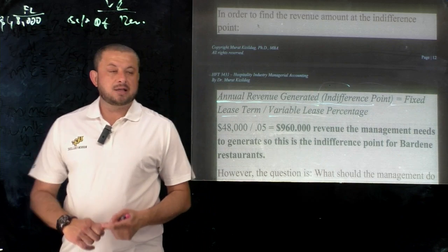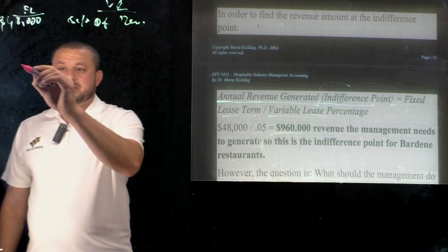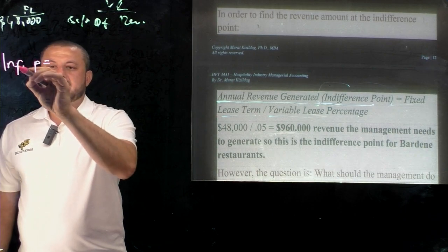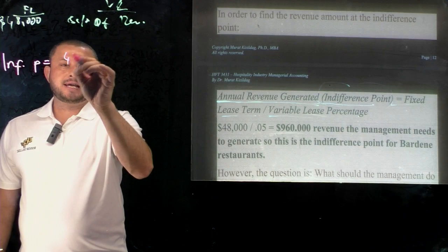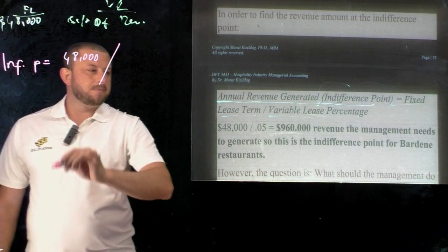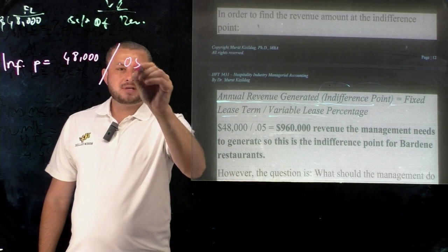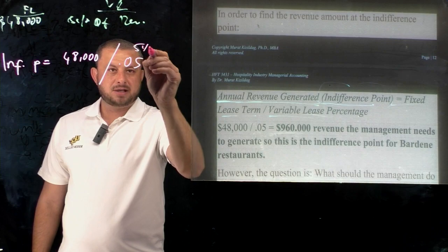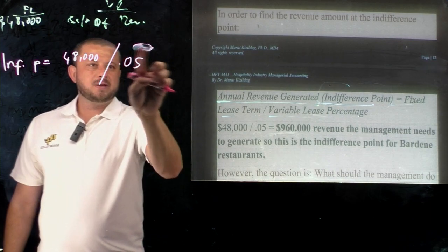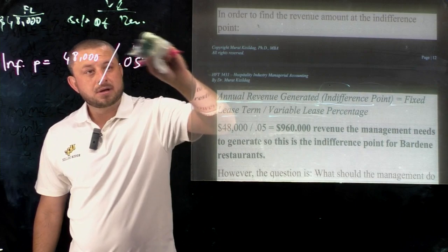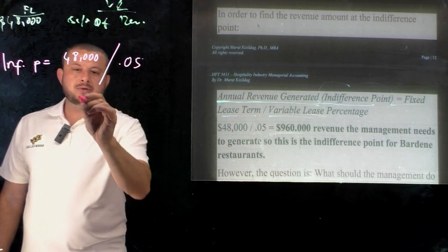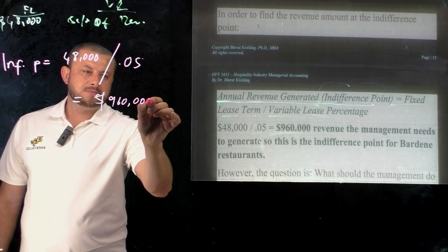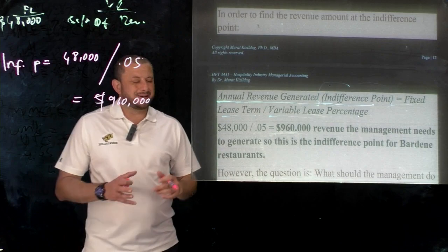So the indifference point is equal to $48,000 over 5%. This is the mathematical representation of 5%. We never write 5% here as text, keep that in mind. Therefore, when I do this equation, my indifference point becomes $9,600. Well, sorry.